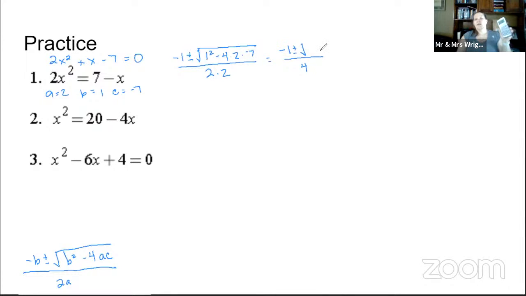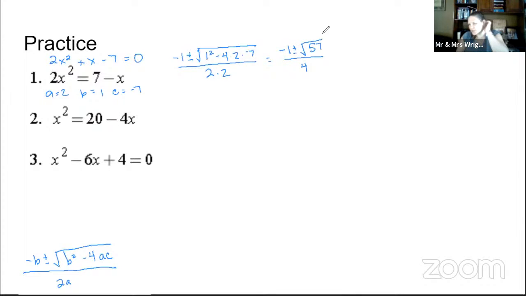In my calculator, I'm going to do what's under the radical, not including the radical itself. So 1 squared minus 4 times 2 times negative 7 is, oops, I pushed the wrong button. Let's try it again. 1 squared minus 4 times 2 times negative 7 is 57. So I'm going to write right here 57.